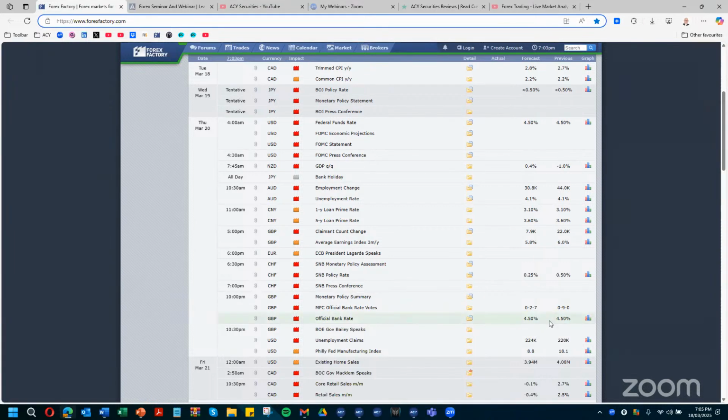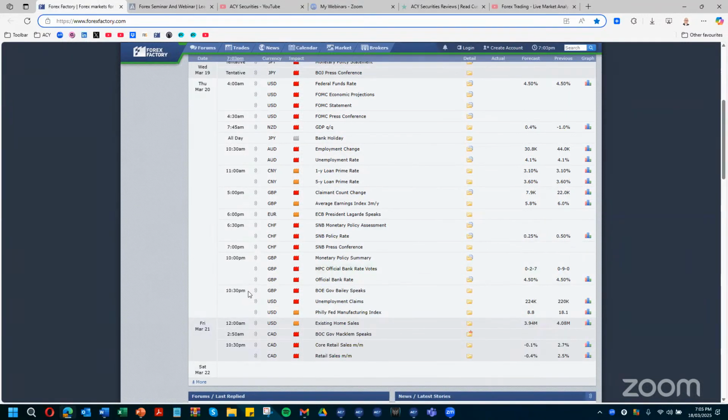Not expecting any change there in the interest rates. Maybe the vote will not be 9-0, which is 9 people wanting to cut rates, a much lesser vote for cutting rates.